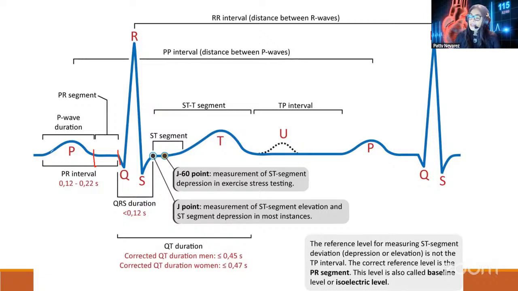But say in the same case, I take the beginning of the P to the beginning of the QRS, I'm going to have a positive deflection of the atria here, right, on P. And therefore, this one is going to be called the PR interval. The way I like to remember if it's an interval or a segment is that in an interval, there's something internal, something that disrupts the isometric line.